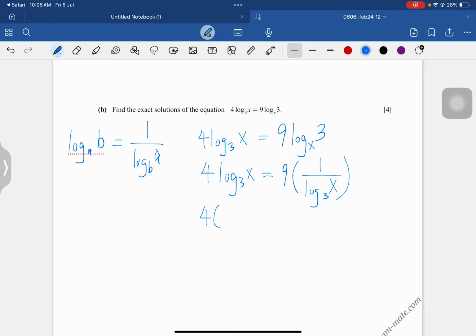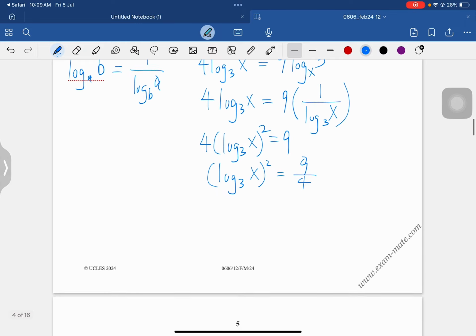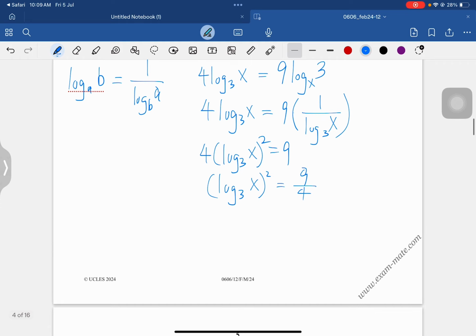So it becomes 4 log x base 3 squared equals 9. Throw the 4 to the other side, will be 9 over 4. Now square root. Remember, other than square root, that will be a plus minus. So it appears to have two answers.